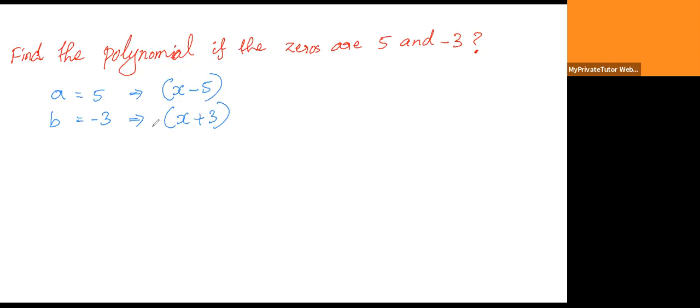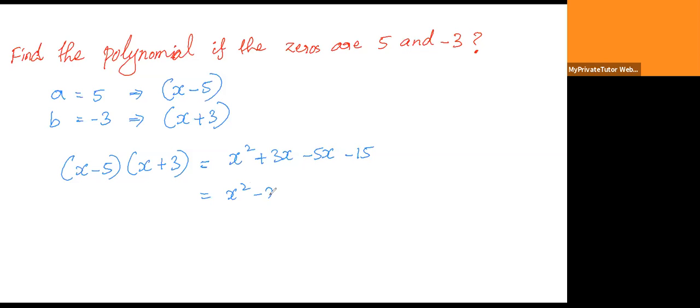So how do you find the polynomial? Obviously, you're going to multiply. So what type of polynomial might you get? I think you guys know the answer. Please go ahead and find it. X square plus 3x minus 5x minus 15. What is the answer, guys?